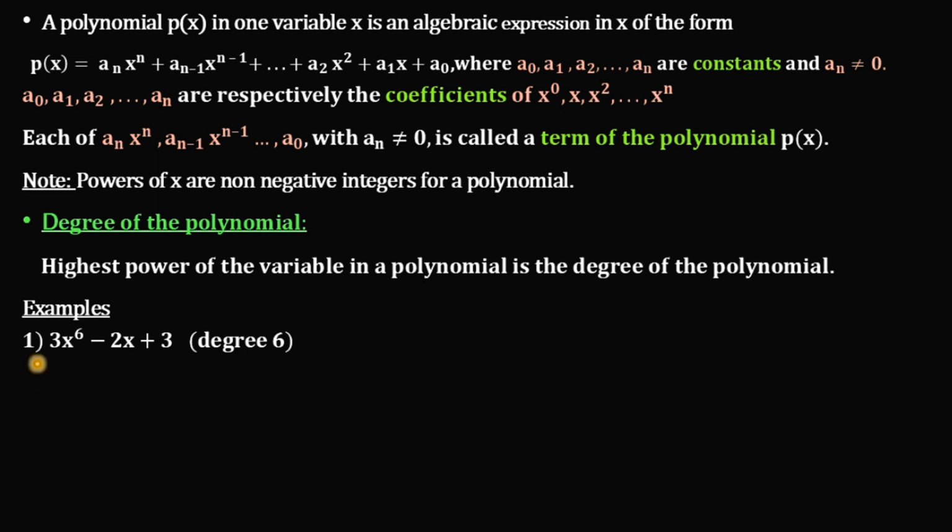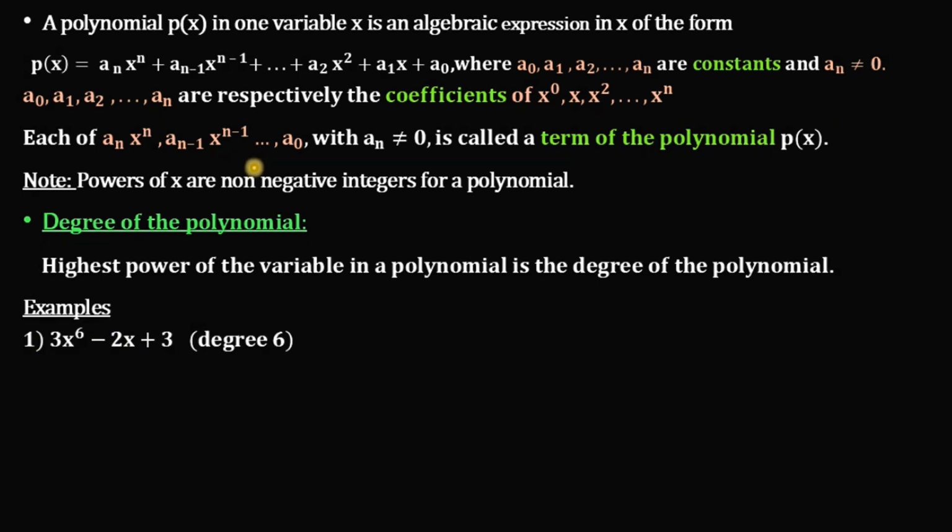So, at first check whether it is a polynomial or not. It is of this form, that is a_n x raised to n. Instead of n, we have here x raised to 6 minus 2x plus 3. Okay. What is our condition here? At least one of the a_n is not equal to 0.